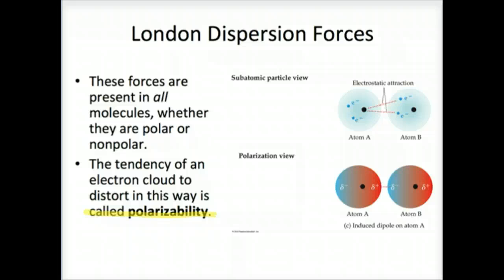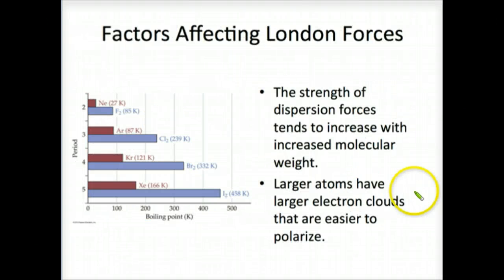You can see this in figure 11.5, where it shows you that impact of the dispersion forces and the changes in the boiling point of both the halogens and the noble gases. So we have neon, argon, krypton, and xenon. And then you see exactly a similar trend with the noble gases, with the halogens.